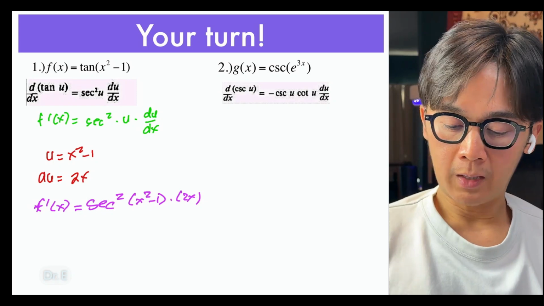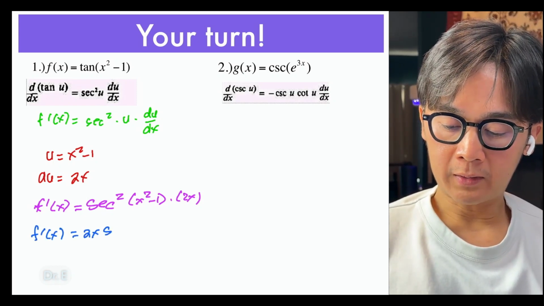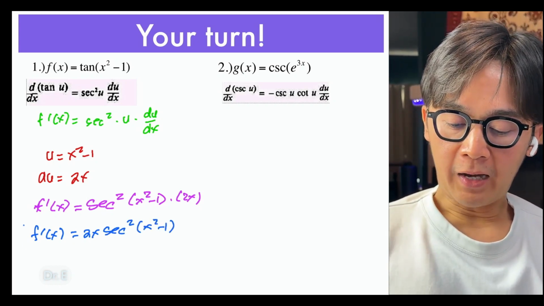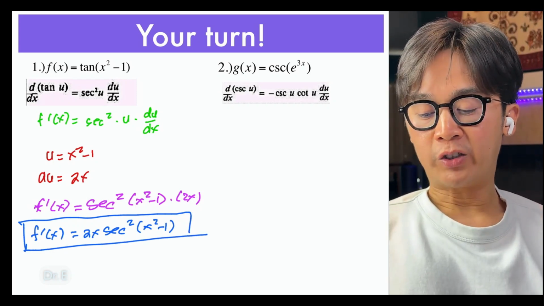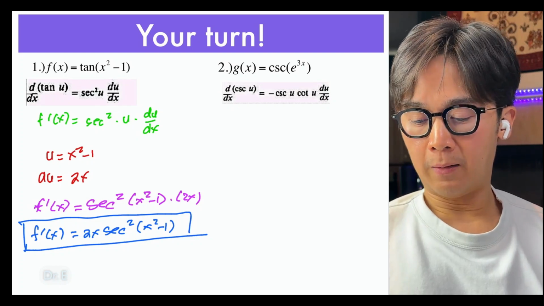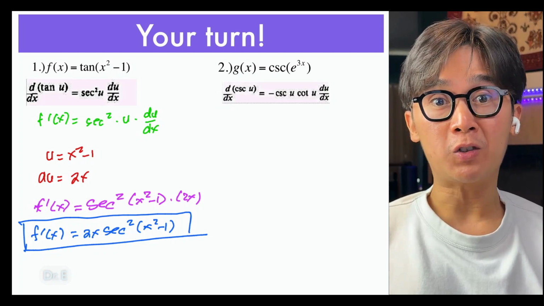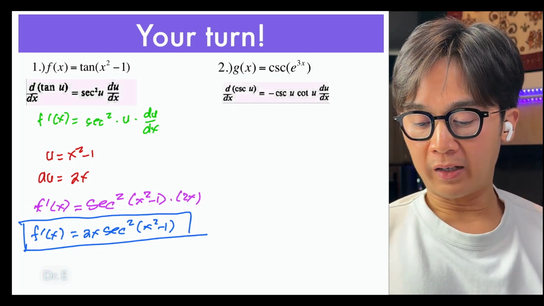But if you want to make it pretty, f prime of x is equal to 2x secant squared x squared minus 1. And why do I want you to learn how to simplify your functions similar to what I'm doing on my answer? It's because sometimes in some multiple choice questions or in some textbooks, the answers that they're given are in this form.